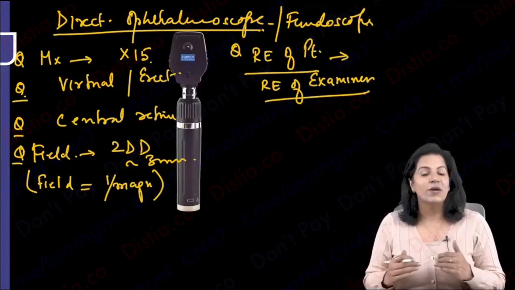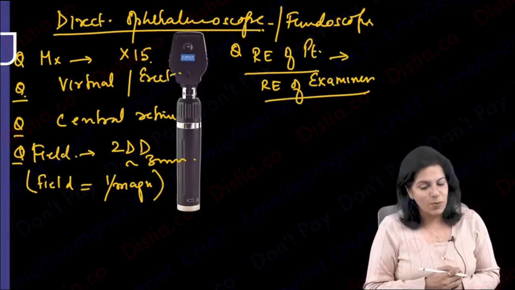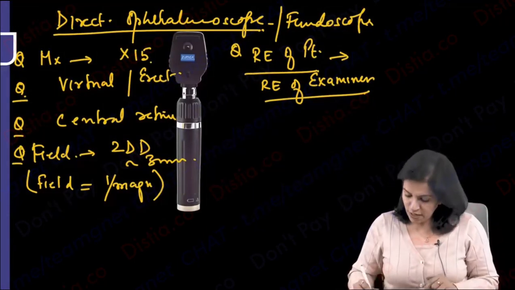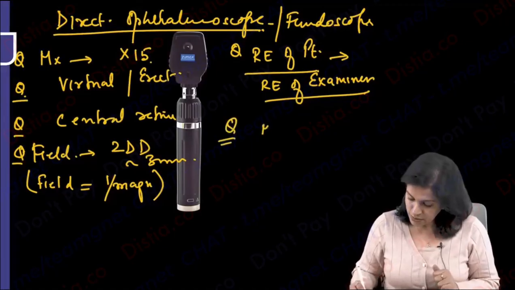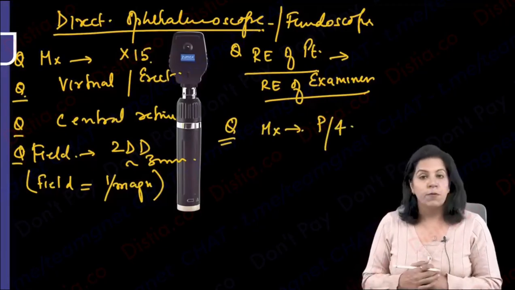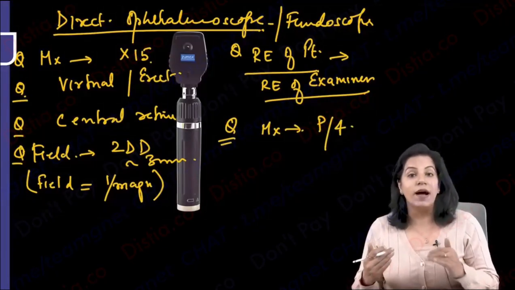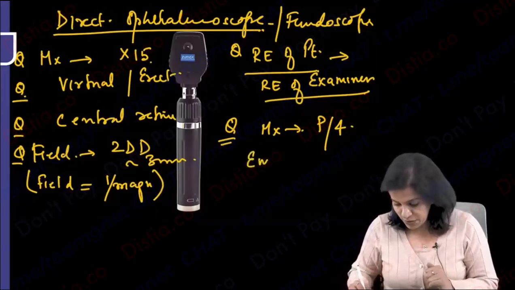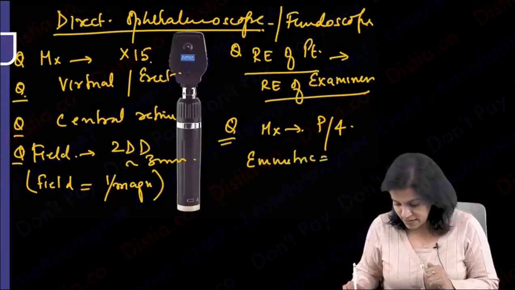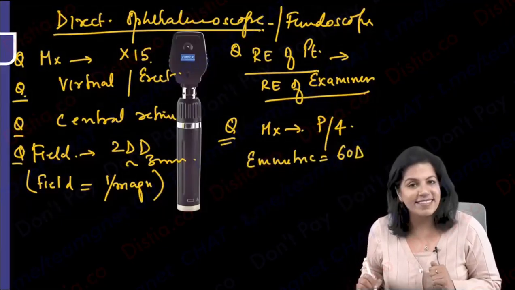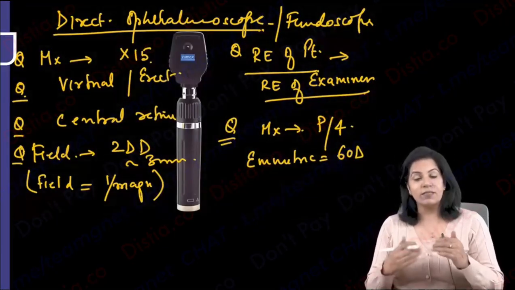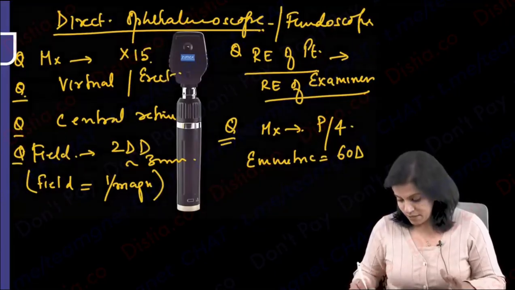So this was another question on direct ophthalmoscope. And how do you calculate the magnification of direct? If they ask you this, the magnification is power upon 4, whatever is the power of the eye. So for an emmetropic eye, what is the power? 60 diopters is taken as the power of the eye.